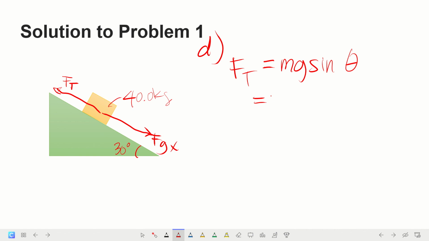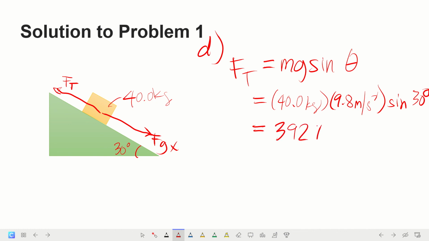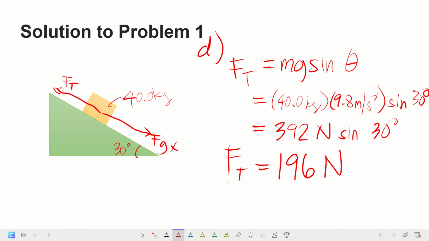So, ang mass natin is 40 kilograms times acceleration due to gravity, 9.8 meters per second squared, times sine 30 degrees. So the tension, the force needed to prevent the block from sliding, is equal to 196 newtons.